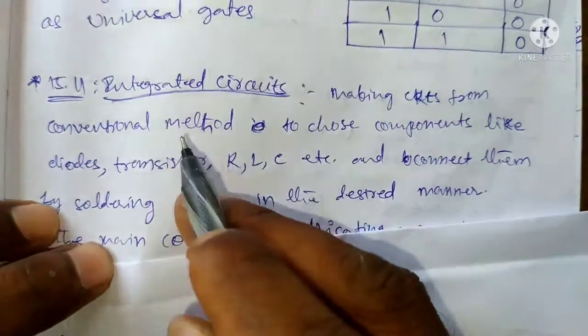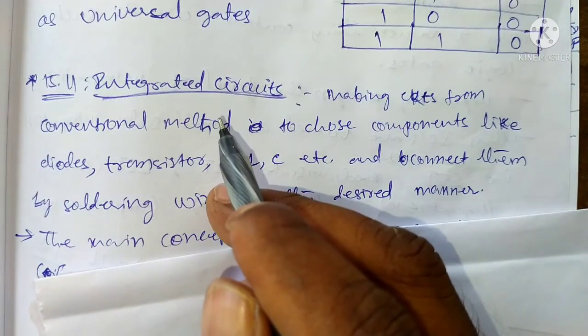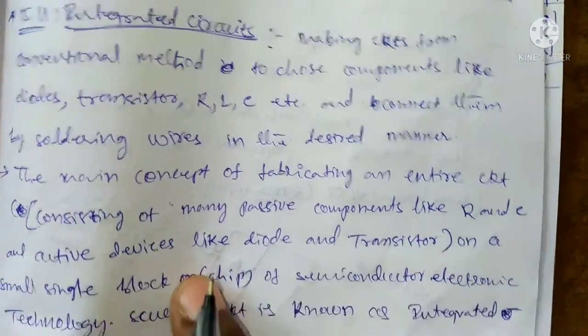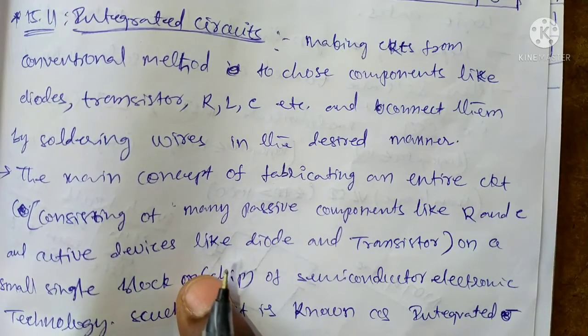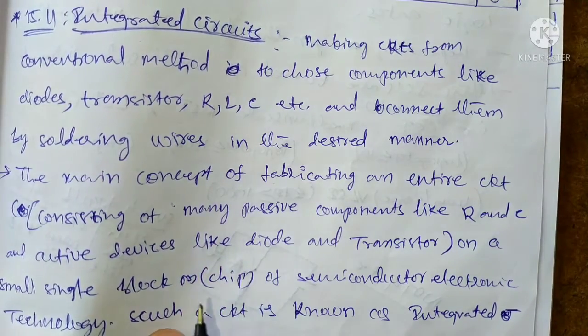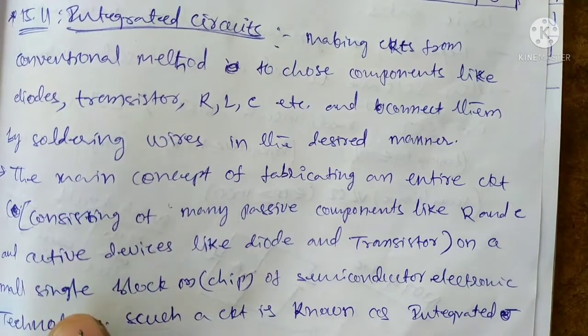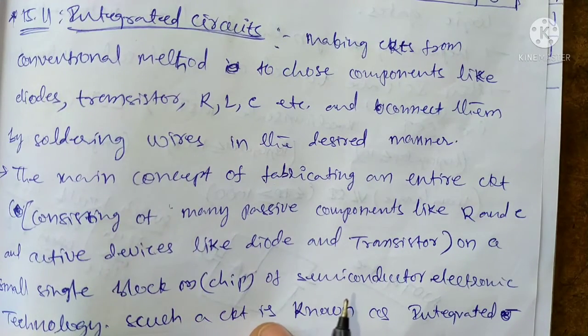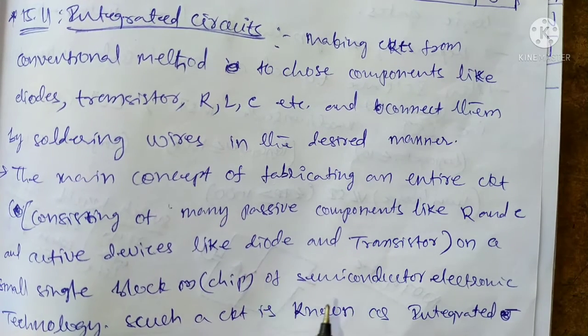Okay, it can be used, suppose, in Chandrayaan 1 and Chandrayaan 2, which have many integrated circuits. Like this, integrated circuits are used first for the small signal block chips. This is semiconductor technology, and the technology is increasing.